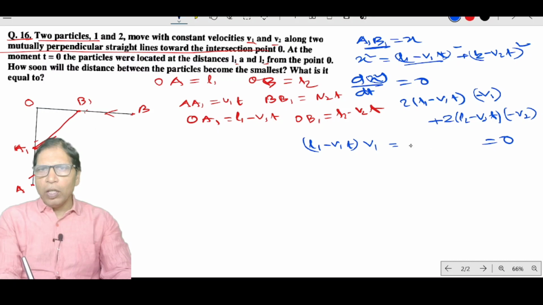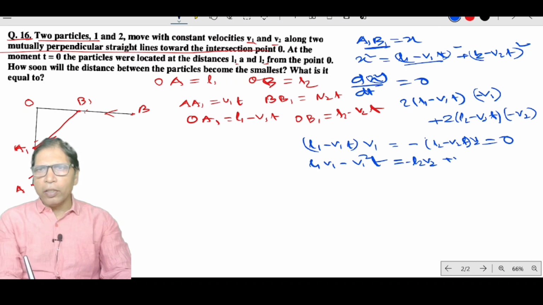equals minus L2 minus v2t into v2. Therefore, L1v1 minus v1 square t equals minus L2v2 plus v2 square t.